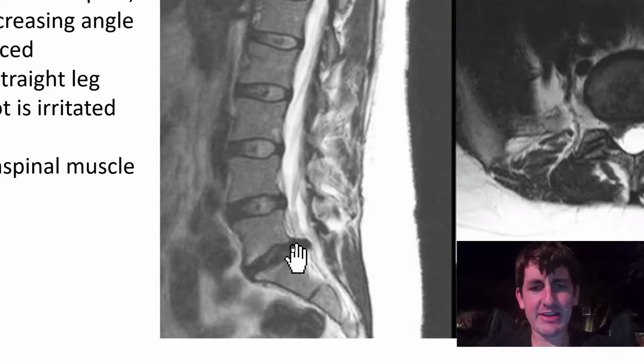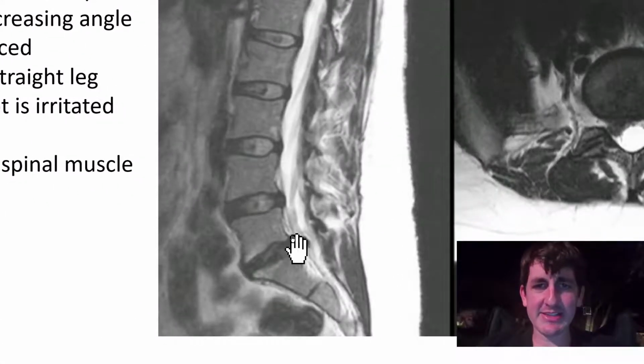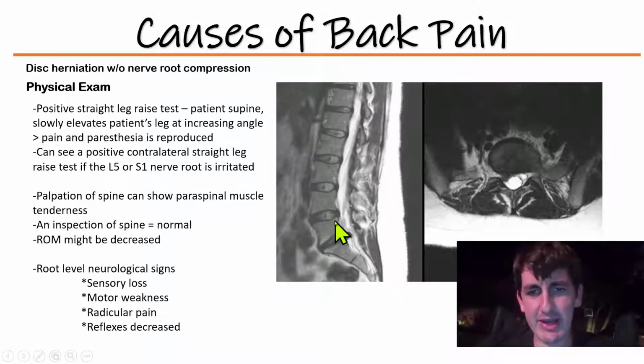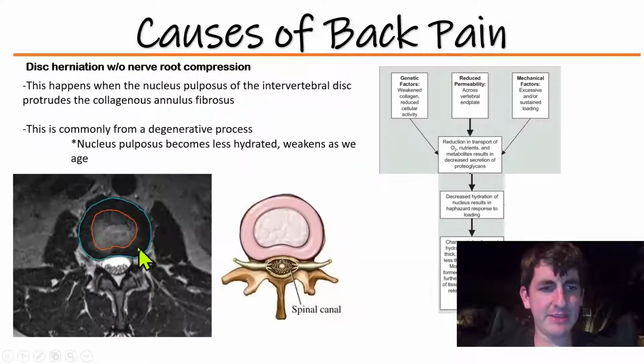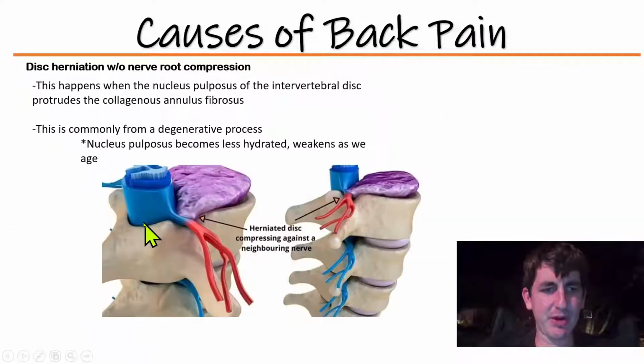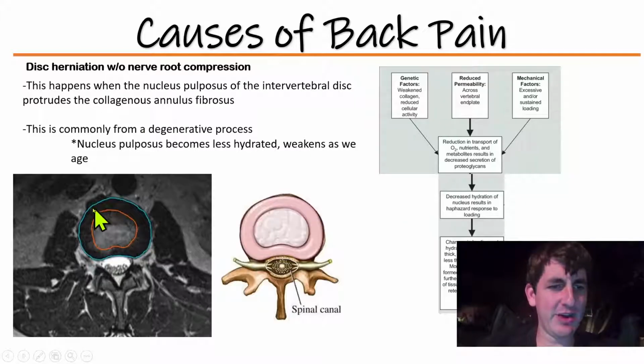Here's the herniated disc. Remember, this is dark. Why is this dark? So this is a T2 weighted image. Fluid is bright. And remember, when we go up here, this annulus fibrosis, I believe, is cartilage or collagenous. It's going to show up dark on MRI on T2.